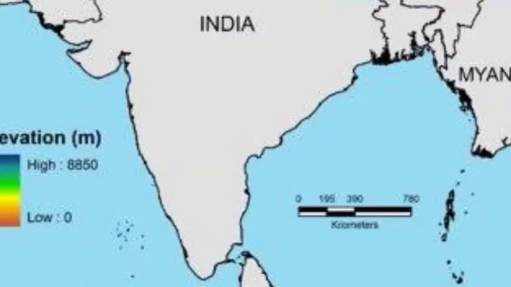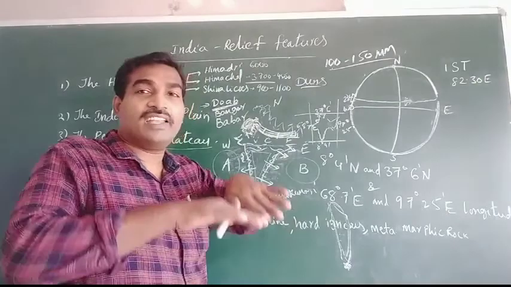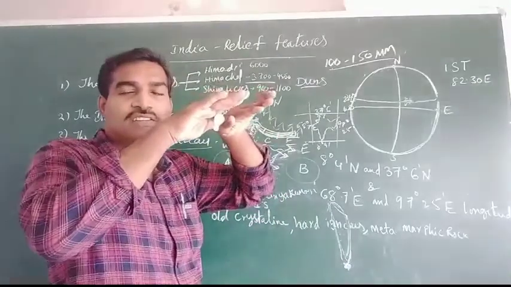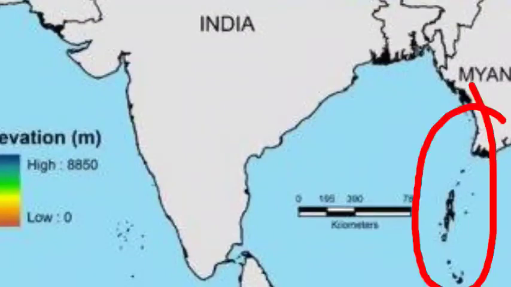Understood? Once again repeat. Andaman Nicobar Islands are the submerged and elevation portion running from Myanmar Arakan Yoma Mountains.